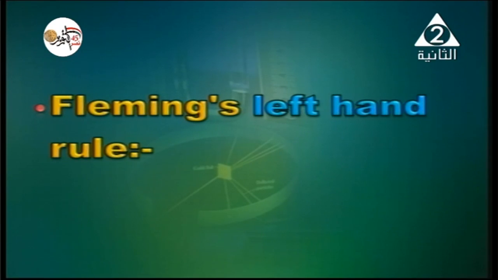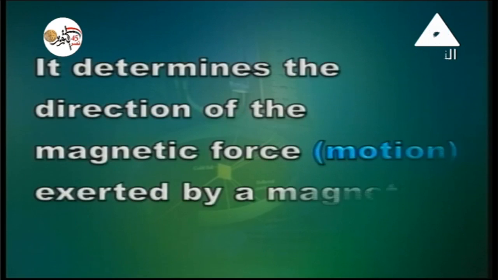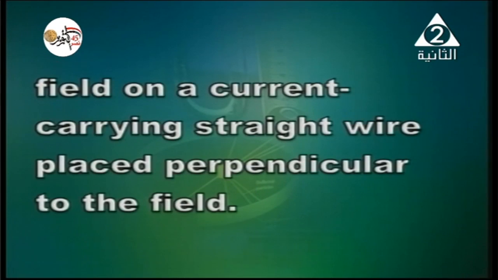We'll use Fleming's left-hand rule. It determines the direction of the magnetic force, the direction of motion. So it determines the direction of the magnetic force exerted by a magnetic field on a current carrying straight wire placed perpendicular to the field.